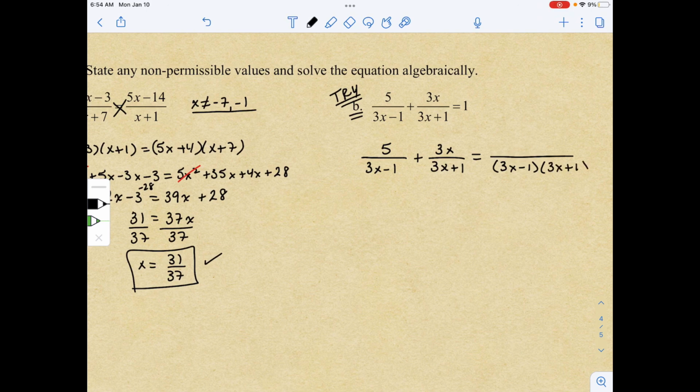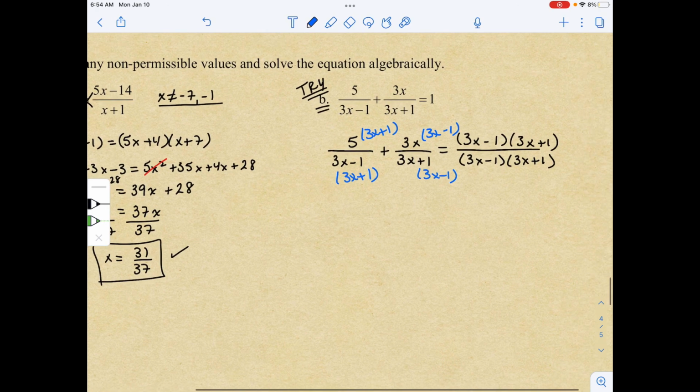Oops, that should be a 3x. And of course, that's 3x minus 1 over 3x plus 1 on our right hand side. Here we're missing a 3x plus 1, so we need a 3x plus 1 there. And we're missing a 3x minus 1 there. Our NPVs: we can see x cannot equal plus or minus 1/3.